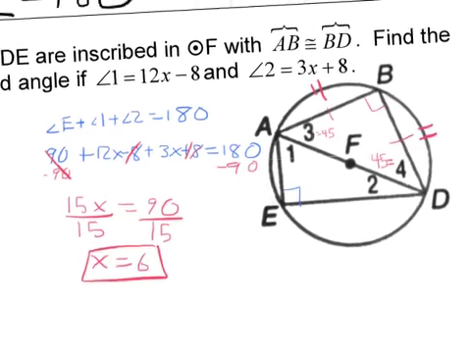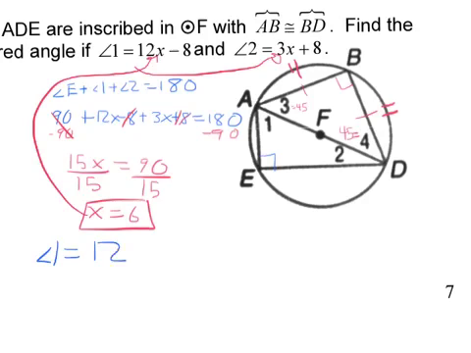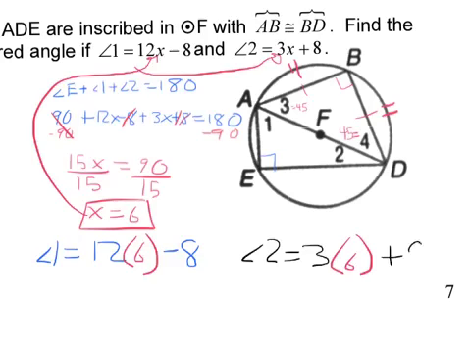All right, from here, all we really need to do is take this x equals 6 and plug it back in to both of these equations. So angle 1 equals 12 times 6 minus 8, while angle 2 equals 3 times 6 plus 8.